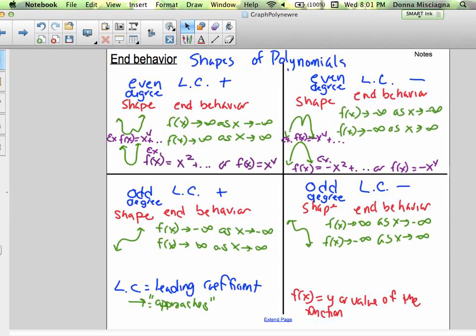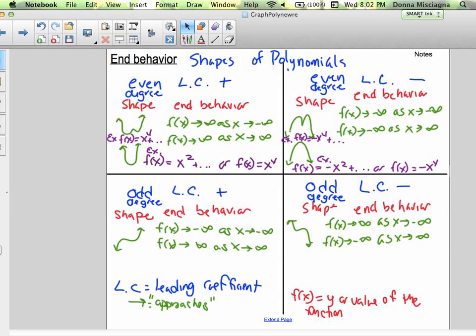And how will you know it's going to look like a W or a U? Well, we're going to learn how to graph them and how to find the key points, and then you'll know if it looks like a W or a U. But I want to kind of give you the idea of when it will look like a U. So if there's nothing really added to your leading term, when it's not an x squared, or if you just add a constant, that's not going to change the shape. But if you start adding x cubes and x squareds and x's and constants, all those things together, then you get a little bit more of a nice little W pattern.